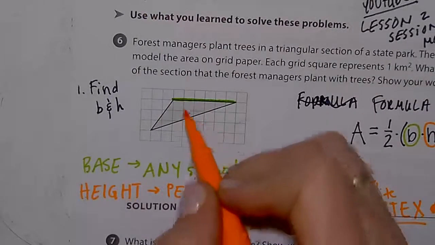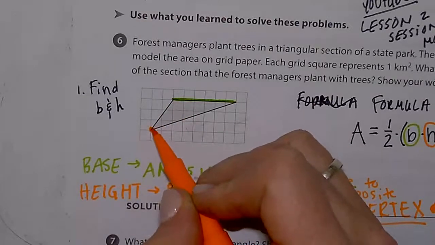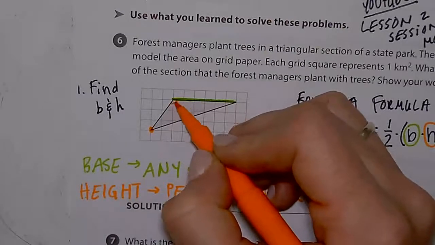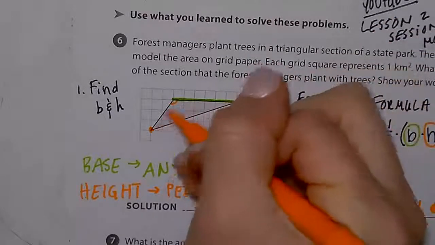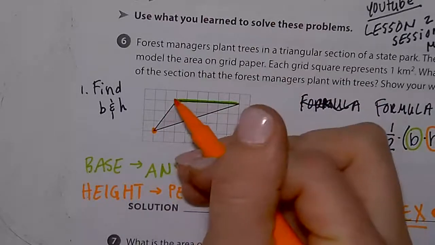Right away I notice there is a line going from my base to my opposite vertex. But is this a right angle right here? No, that's not a right angle. That's not a perfect L shape. So that can't be the line that I use. And anyway, that's the base, because the base can be any side.